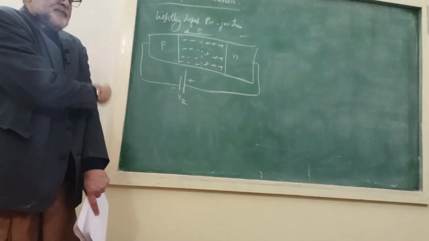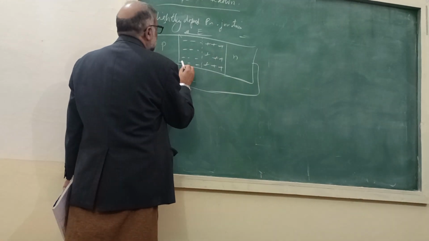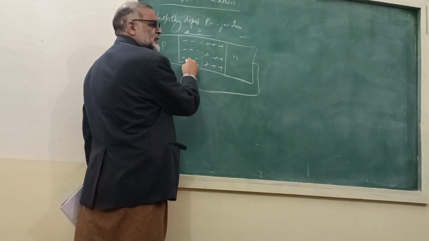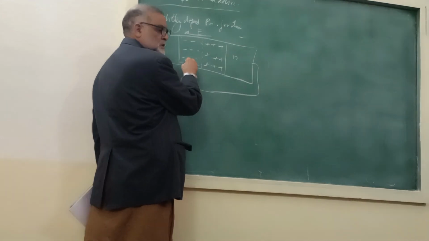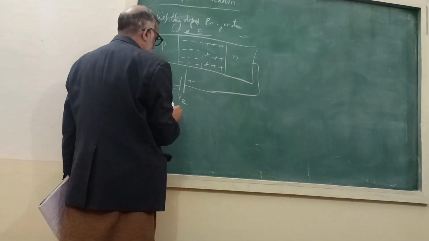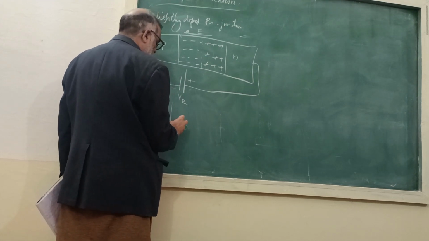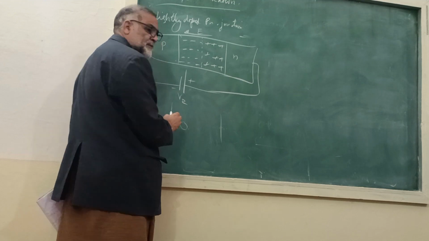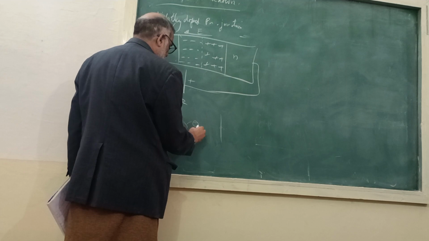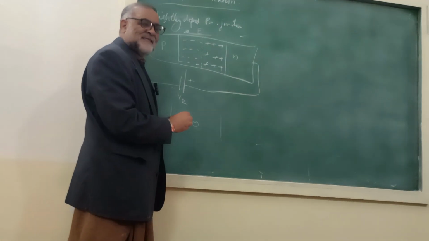When these electrons come here, they can have enough velocity because of the electric field, and they can ionize atoms and knock out electrons from them. Some holes are created as well.